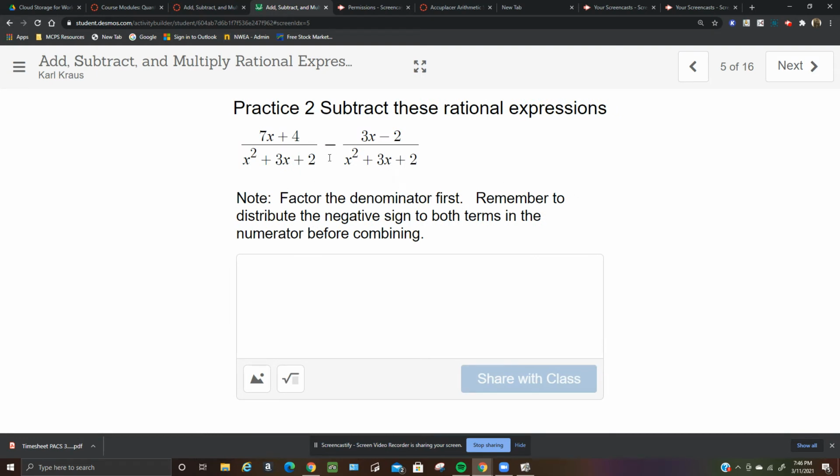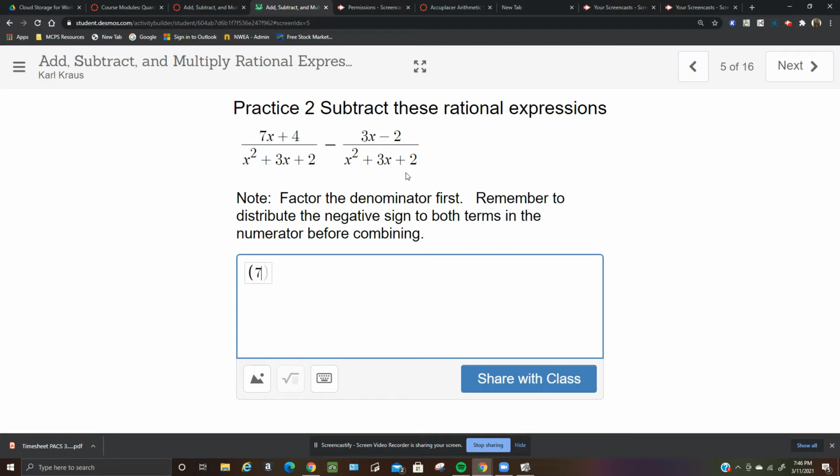Slide 5, we want to factor the denominator there. And then we have a common denominator. So we want to combine the numerator, 7x plus 4. And then we're going to distribute this negative 3x plus 2. And then divided by, I'm going to factor this denominator. It factors into x plus 2 and x plus 1.